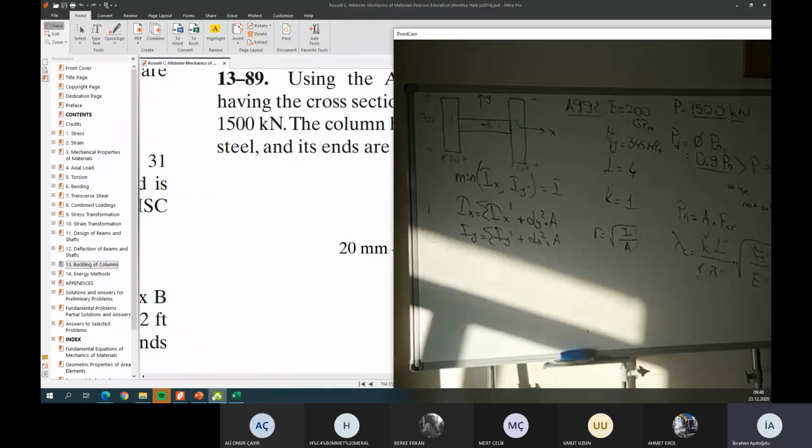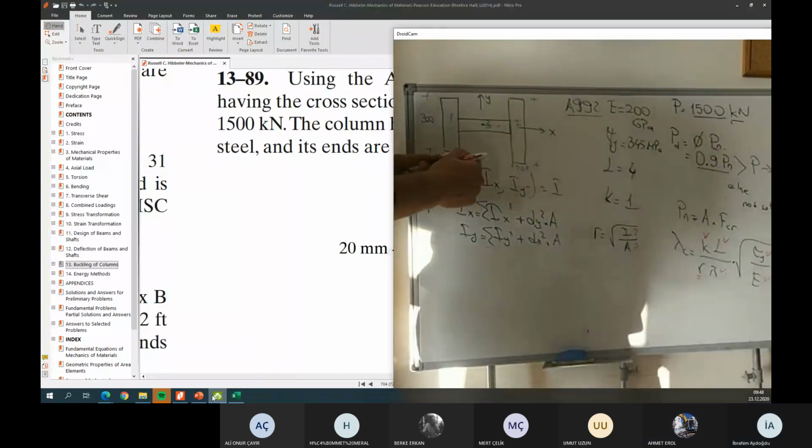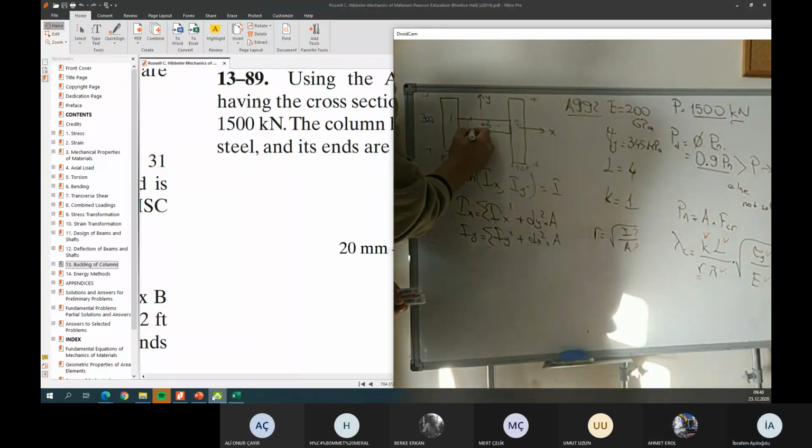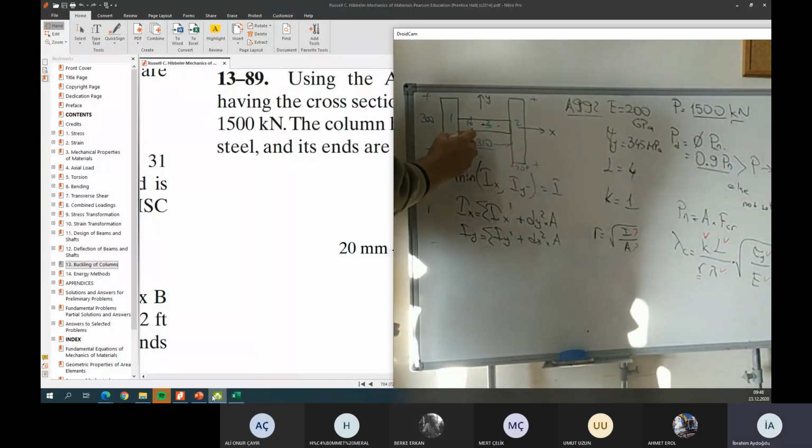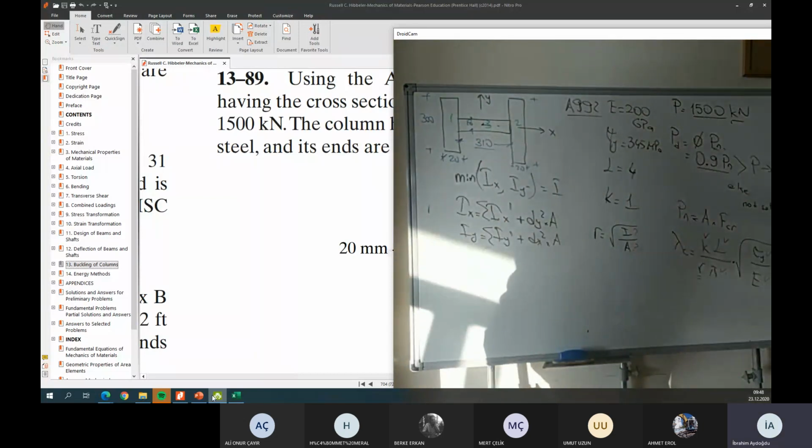Isn't it? Am I seeing it right? Right, sir. Yes. So this thickness is 10. This length is 310. Okay. Every piece of information is taken.